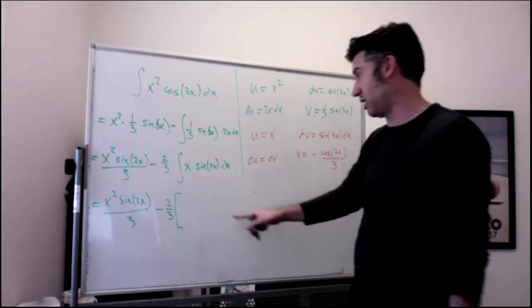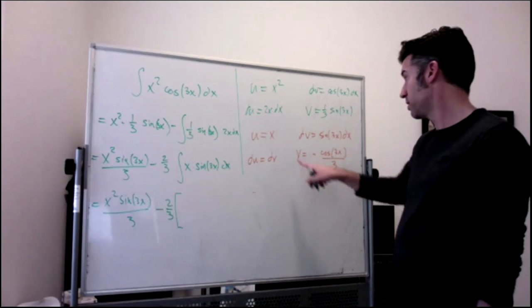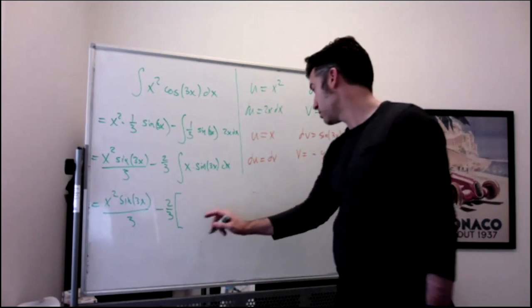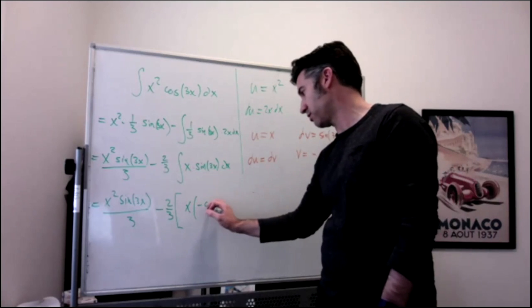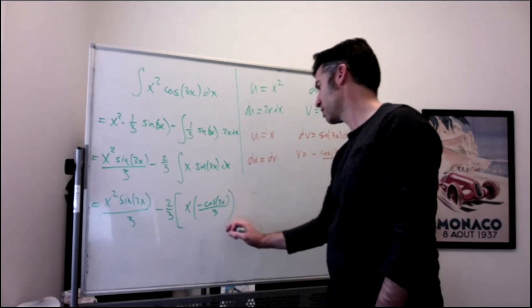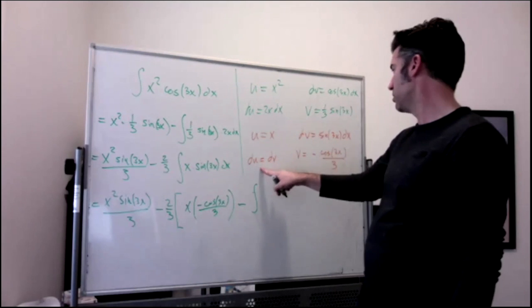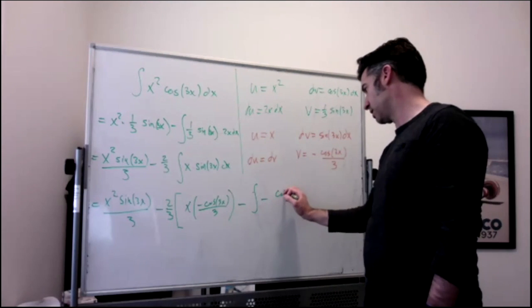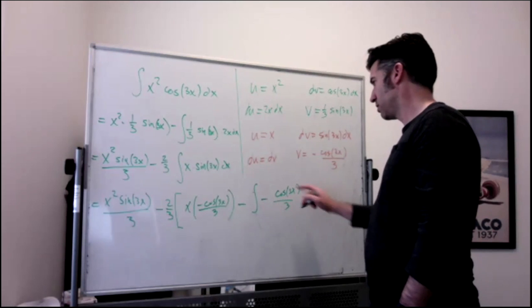So it's going to be 2/3 times all of uv minus the integral of v du. uv, so x times negative cosine of 3x over 3 minus the integral of v du, which is negative cosine of 3x over 3 dx.